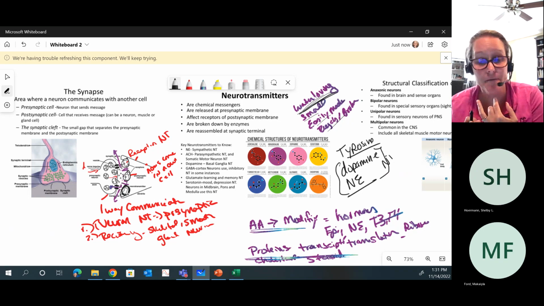Okay, now how it differs from hormones. All right, we're not going to make them from fat. They are not going to travel a far distance. They really are only going to travel a small little space in the synapse. They are not going to typically travel in the bloodstream. And many of our hormones bind to proteins and cause second messengers.